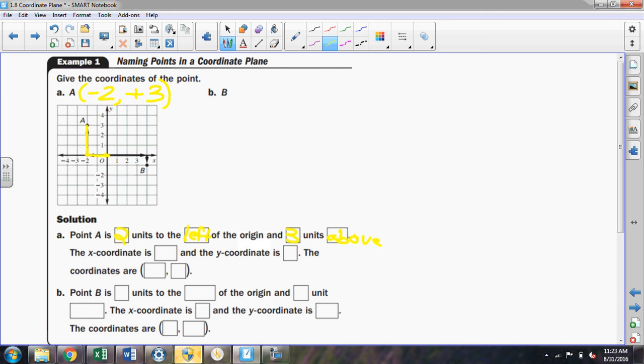That's how we were able to identify that the x-coordinate was left for a negative 2. The y-coordinate was a positive for up and 3, which is how we were able to very quickly ascertain the coordinates are negative 2, 3. Left is negative, right is positive.